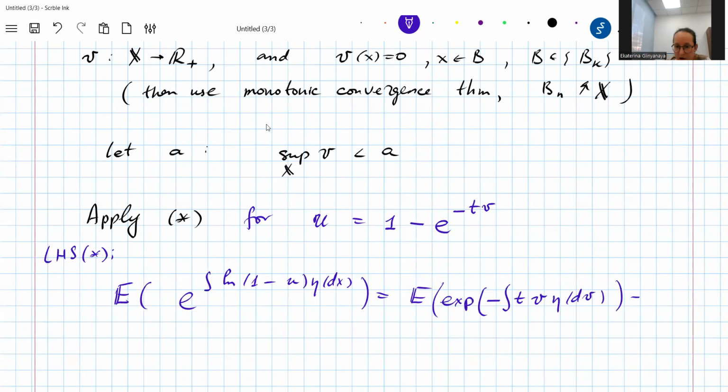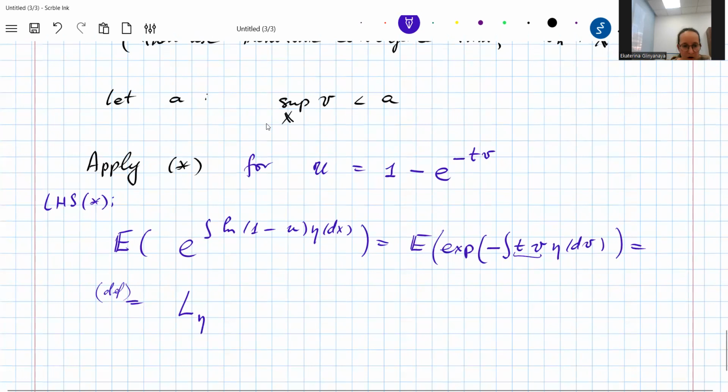So this is just, by definition, the Laplace transform of the process eta at the function tv.